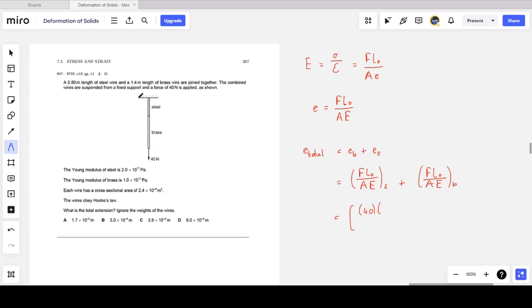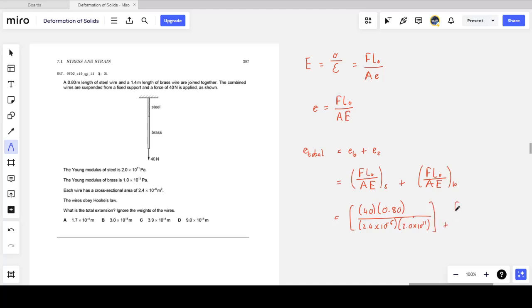So the force is 40 newtons applied to each of these wires. They are in series. It's 40 times the original length of the steel wire, which was 0.8 meters, divided by the cross-sectional area, which is given as 2.4 times 10 to the power minus 6 square meters, so the units are fine, times the Young modulus for steel, given as 2 times 10 to the power 11 pascals.